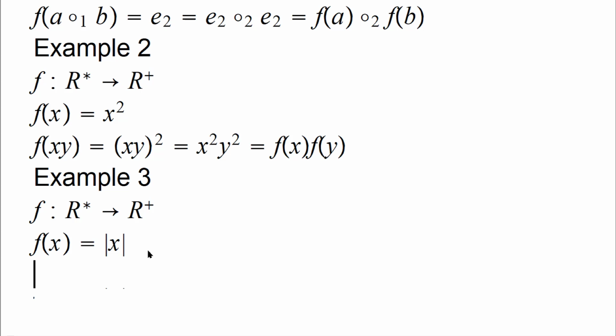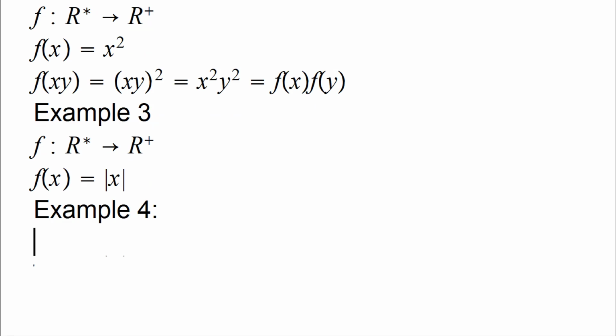Let's take another example, example 4. We may take f, a map from the additive group of real numbers to the multiplicative group of non-zero complex numbers, and define f of x to be e to the power ix.